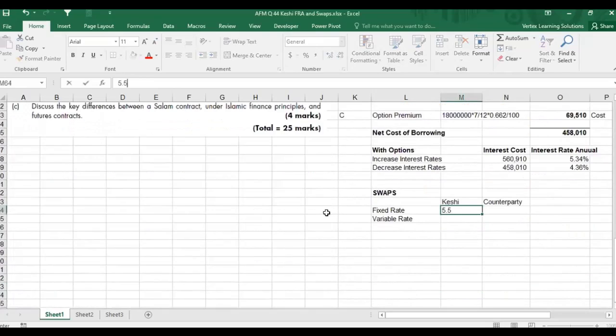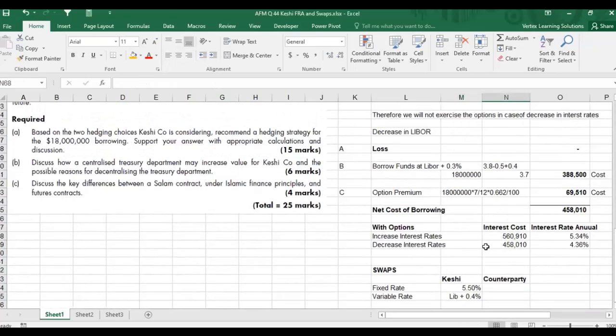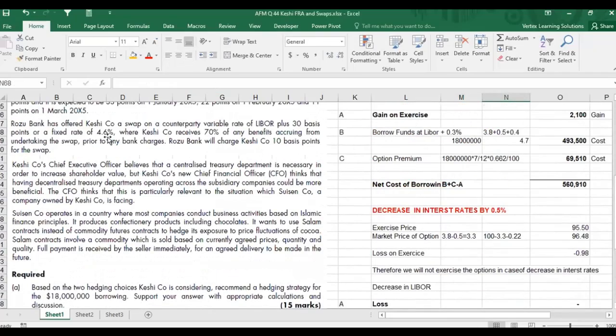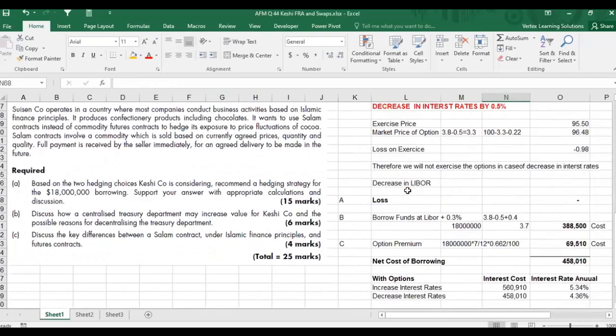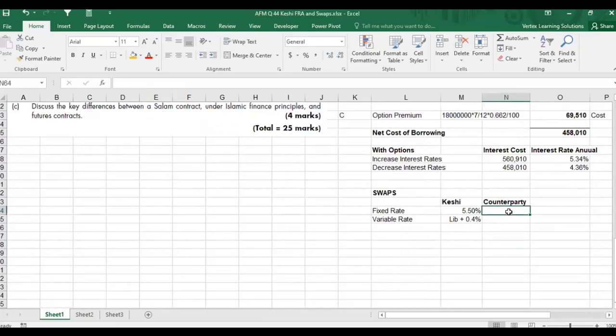Yes, 5.5%. And their variable rate was LIBOR plus 0.4%, which means 40 basis points. The counterparty, the other party, has got an offer of 4.6% fixed and LIBOR plus 30 basis points, so 4.6% and LIBOR plus 0.3%.